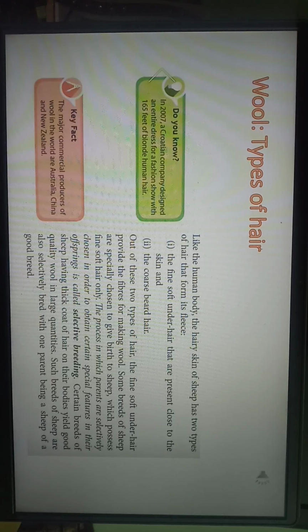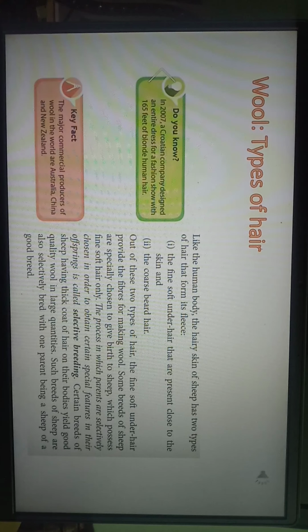What is selective breeding? I will repeat. It is the process in which the parents are selected in order to obtain certain special features in their offsprings. The special features in the parents will come in the offsprings, so they are brought for breeding.